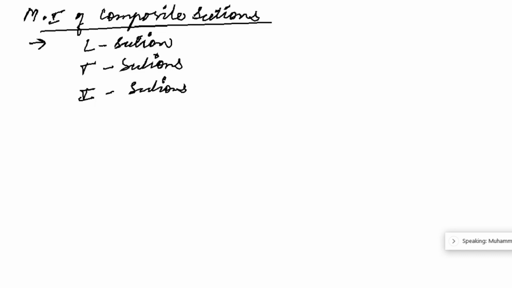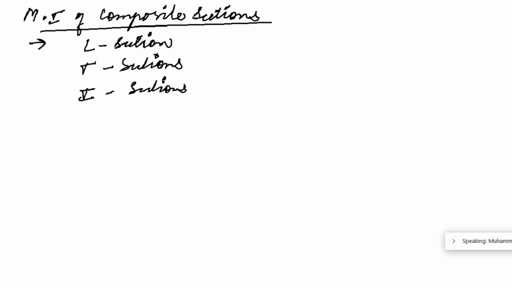Here we split the section into different planes, whether triangular, rectangular or circular, and we find the moment of inertia of each individually about its respective center of gravity. Then we transfer those moments of inertia to the axis on which we need the moment of inertia, using the parallel axis theorem.